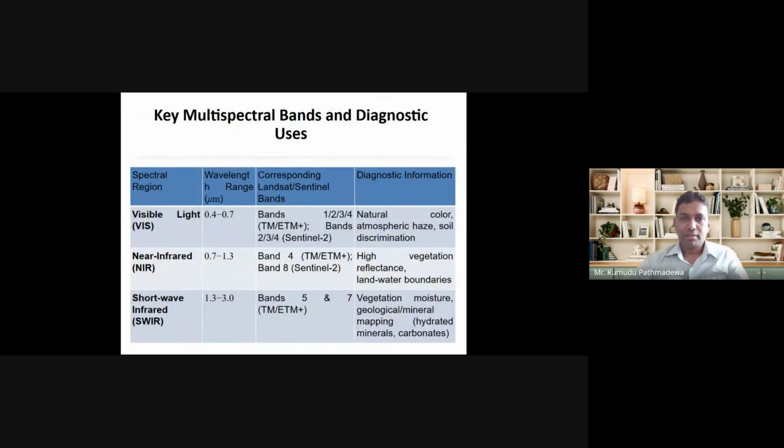So I prepared a table to summarize these things. This table summarizes wavelength ranges, corresponding Landsat and Sentinel bands, and what information they provide.